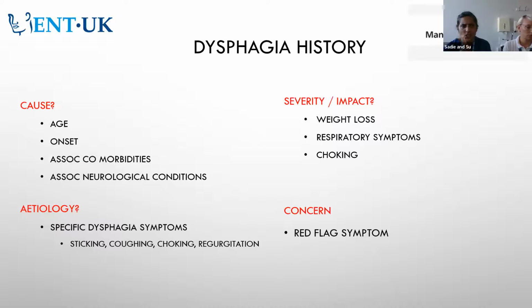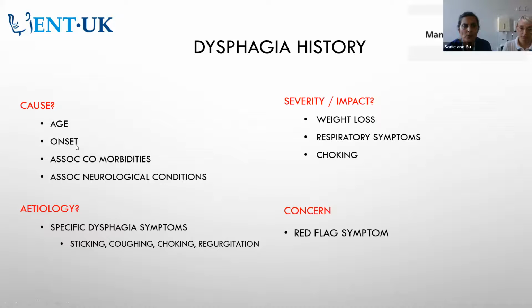Rupali has mentioned this, but just to get the key points on taking that history, as you've now recognized, age plays a huge part in dysphagia symptoms, whether it's actually onset, as age dictates what the likely pathologies are, or what the likely success of the rehabilitation will be.